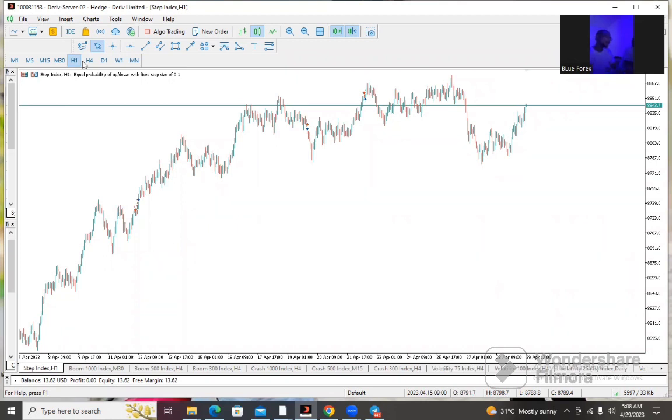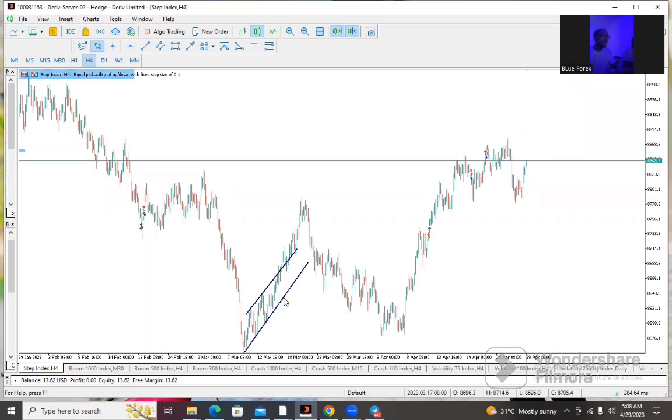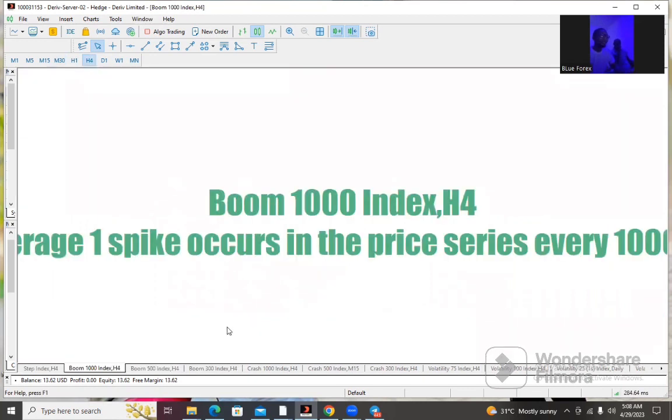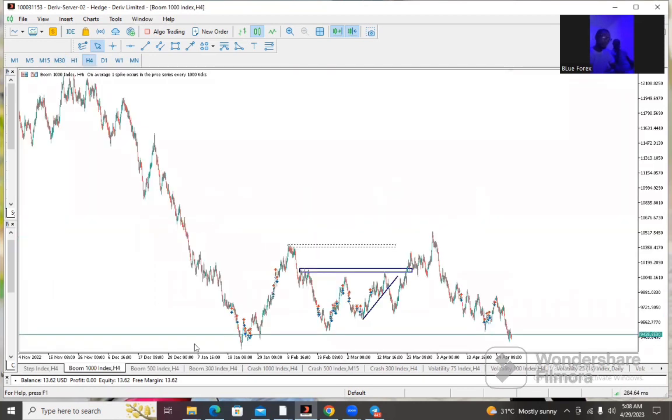And you can use H4 to study the behavior of the pairs, because in H4 you see everything clearly. So before you can make any analysis, you have to know the behavior of the pairs.